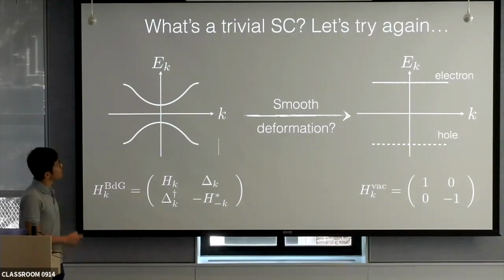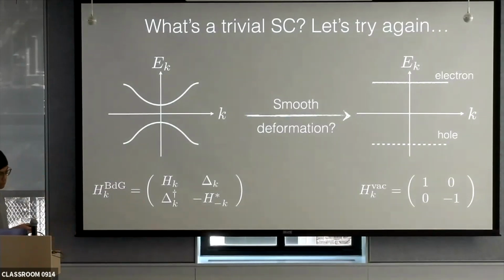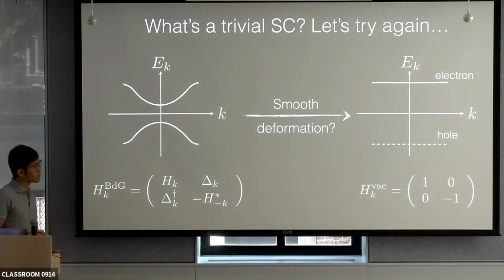But then let's try to do it again. We are trying to answer the question, what is a trivial superconductor, right? And on the left-hand side, I now try to show you something like a more generic BdG Hamiltonian than the band structure. So you have the normal part and the pairing part. And one reasonable rule is to say that my superconductor is trivial if you can smoothly deform it to the vacuum.